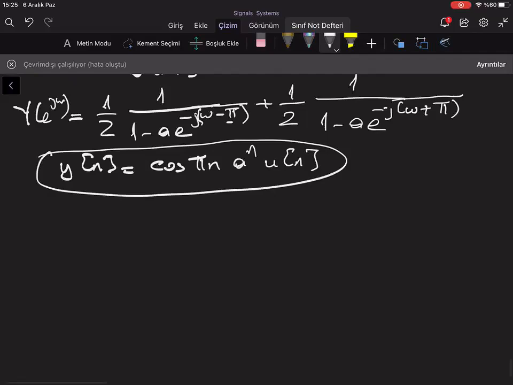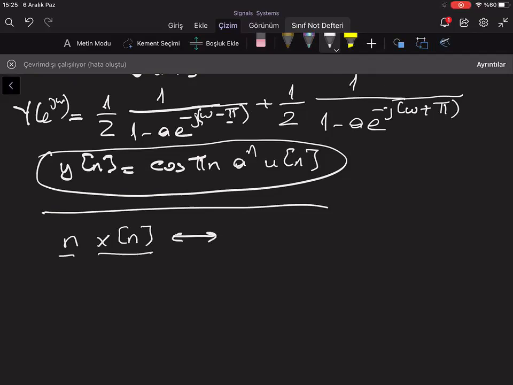Another property that I would like you to remember is that if I multiply a sequence or a signal by n, it means I am taking the Fourier transform first, then performing the differentiation with respect to ω and multiplying by j. Okay, this is another property that is very commonly used.